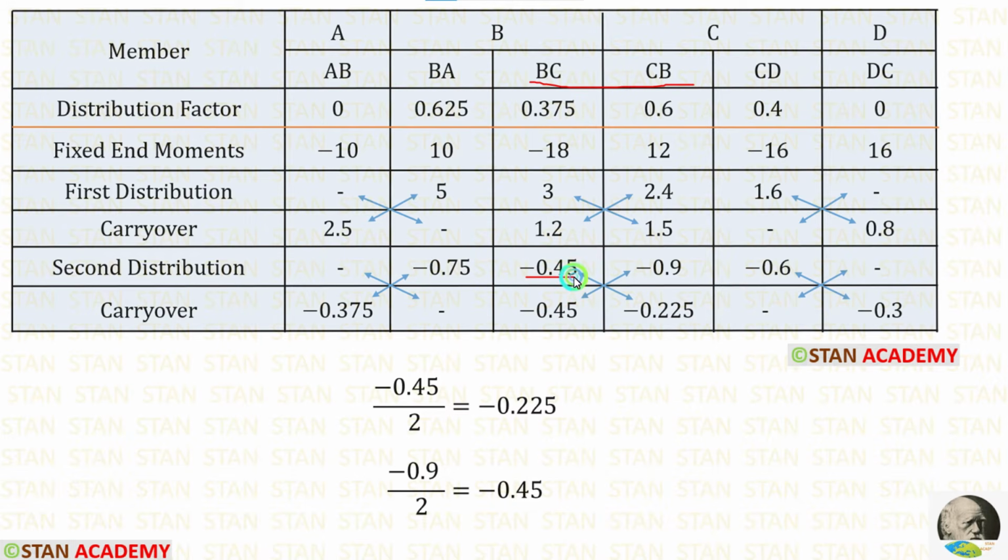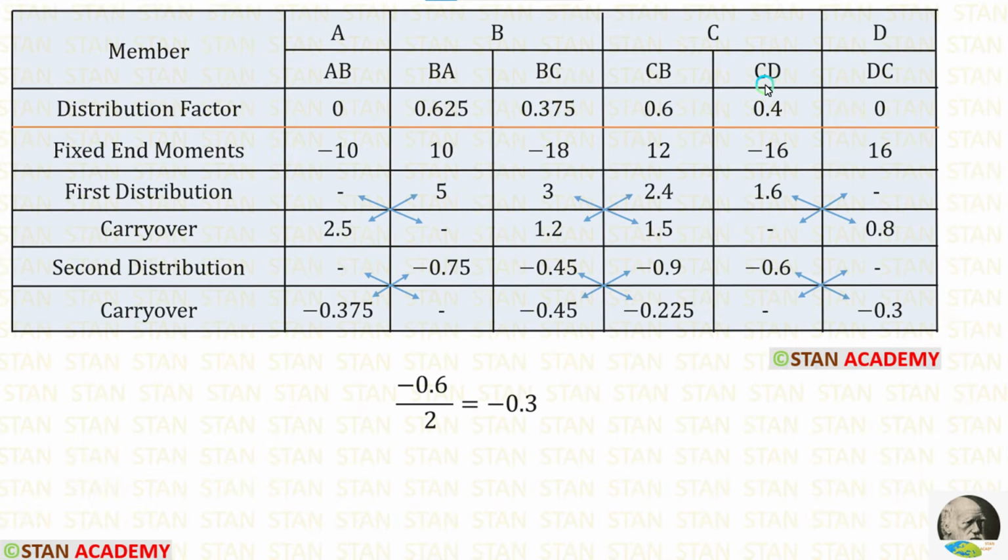Minus 0.45 upon 2, we will get minus 0.225. Minus 0.9 upon 2, we will get minus 0.45. Now let us make the carryover between CD and DC. Minus 0.6 upon 2, we will get minus 0.3. For DC, there is no distribution, so we cannot make the carryover to CD.